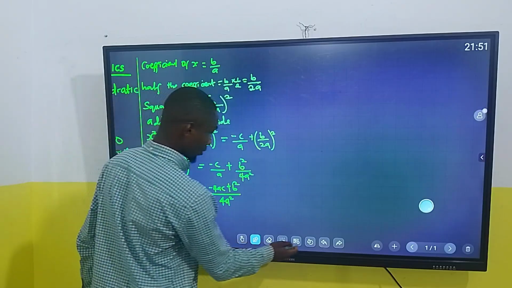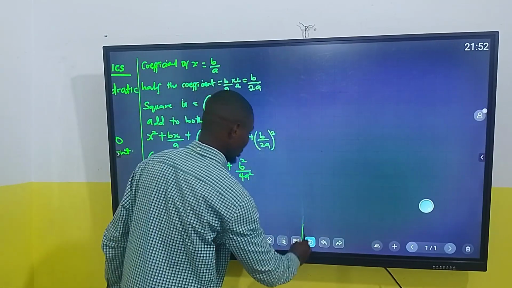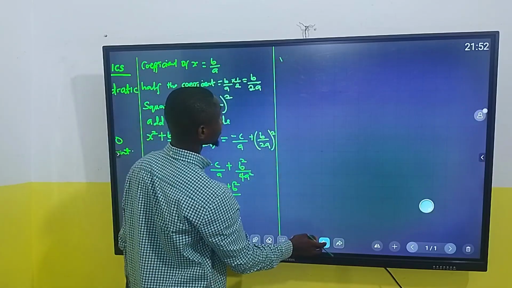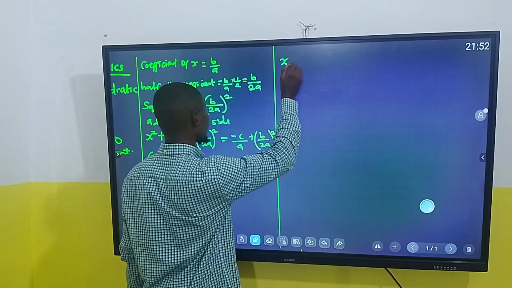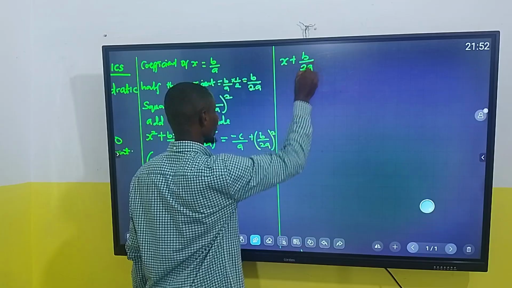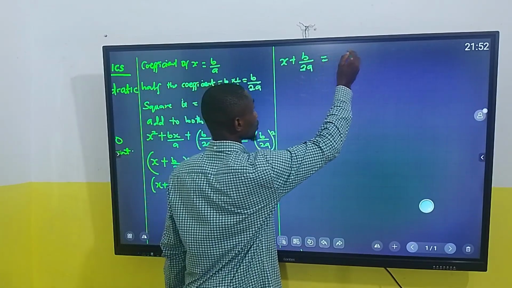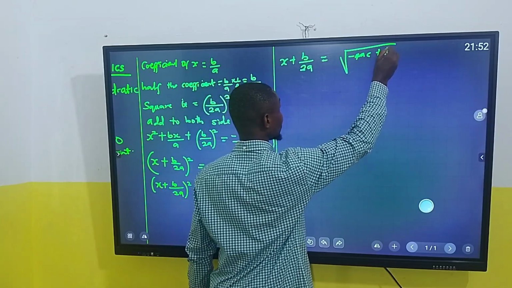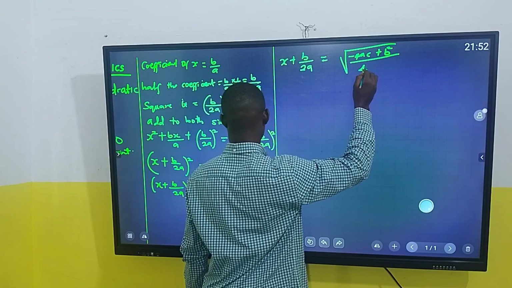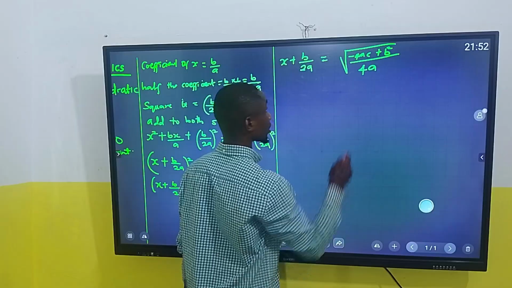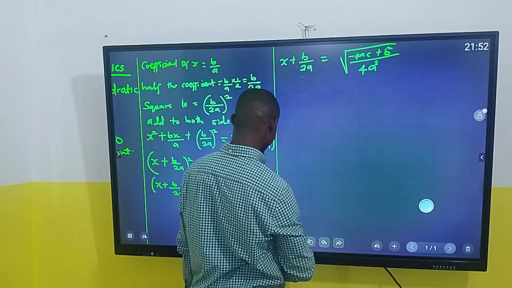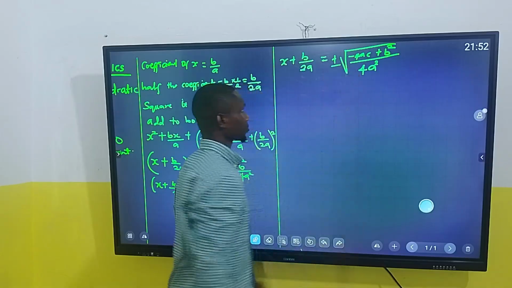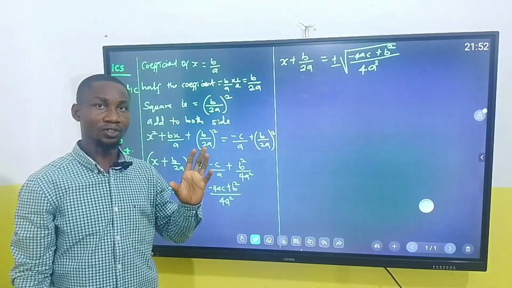So I have s plus b over 2a would now be equal to the square root of minus 4ac plus b squared all over 4a squared, plus or minus. Always take note, the square root of every number is either positive or negative.